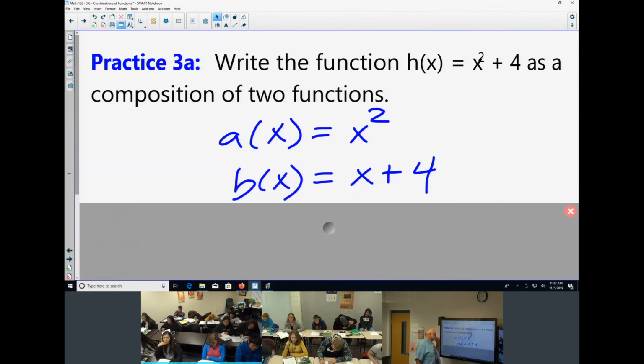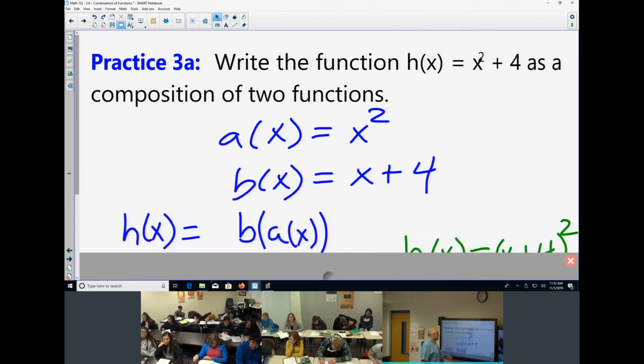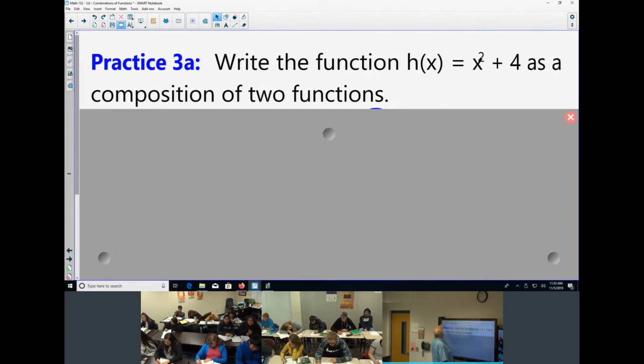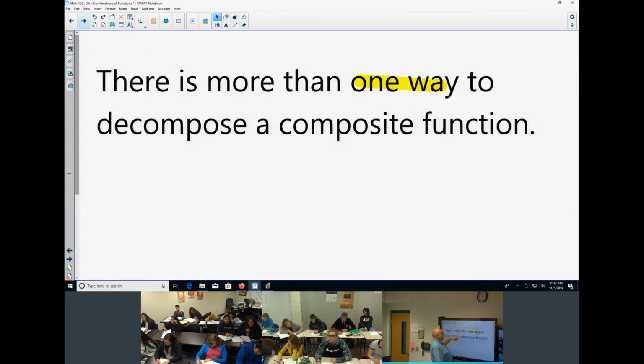Good job. So there's more than one way to decompose a composite function. Sometimes, especially if there are 3 or more steps, some people will combine them.